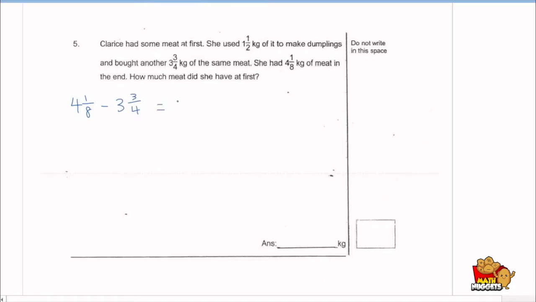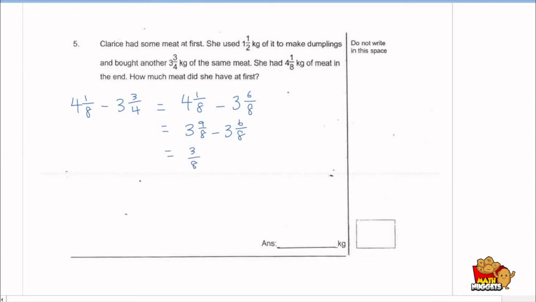Okay, I will just show the working here. I really don't like to use calculator for fractions question. So I'm gonna change this to the same denominator so I can subtract, and this becomes 3 and 9 out of 8 minus this, and I get 3/8.